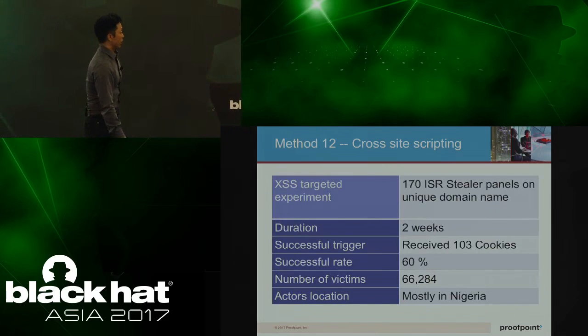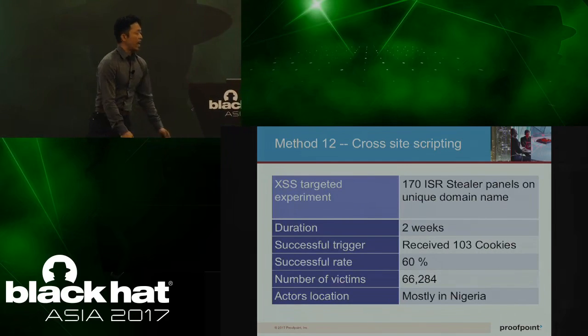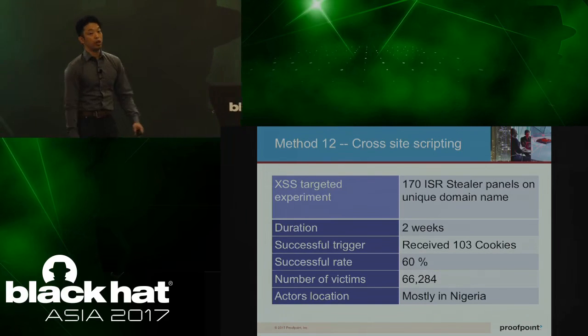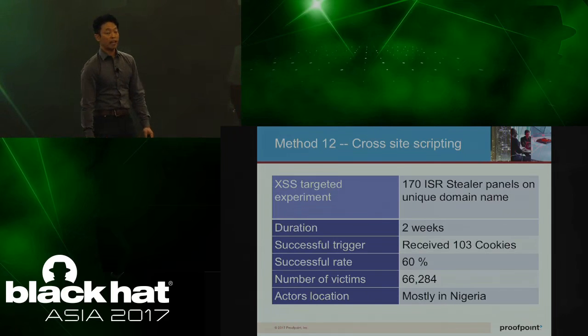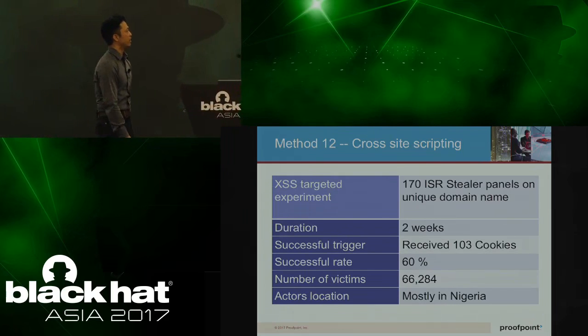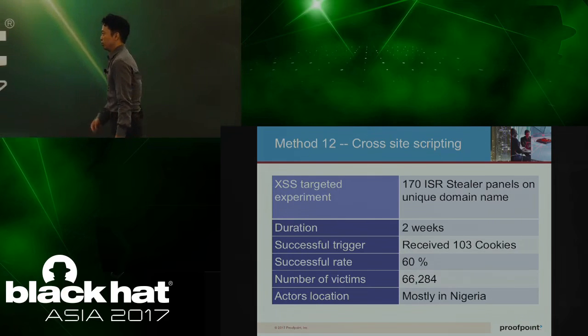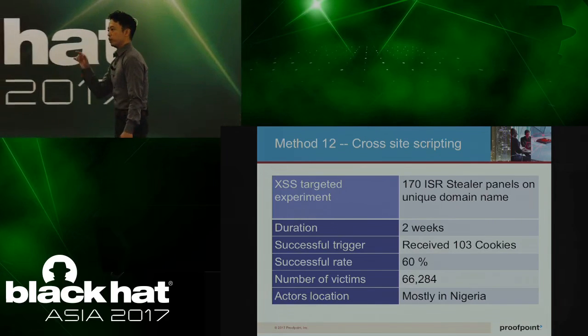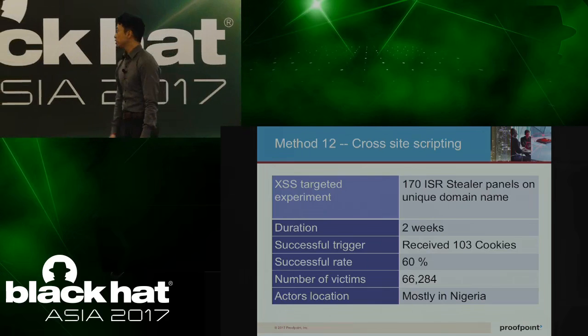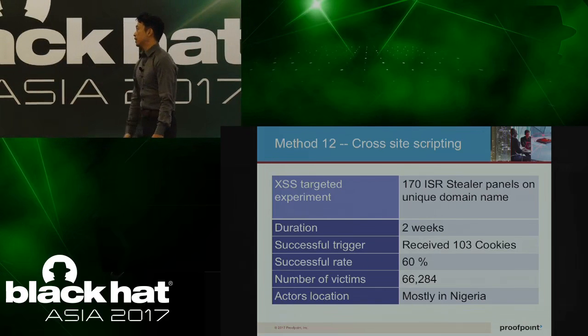In the experiment that we did, we found that this actor had a large number of control panel instances. They had 170 panels on their different assets. So we wrote a script, injected persistent cross-site to get their cookies. The experiment lasted 2 weeks.